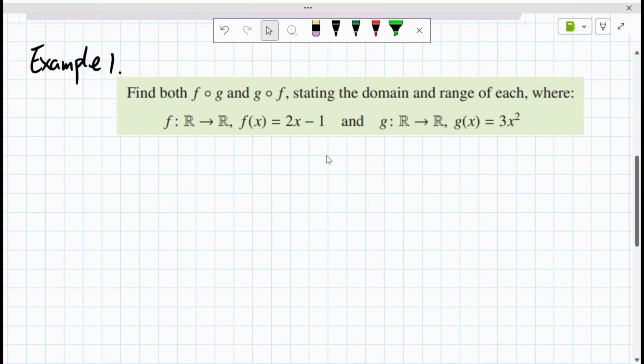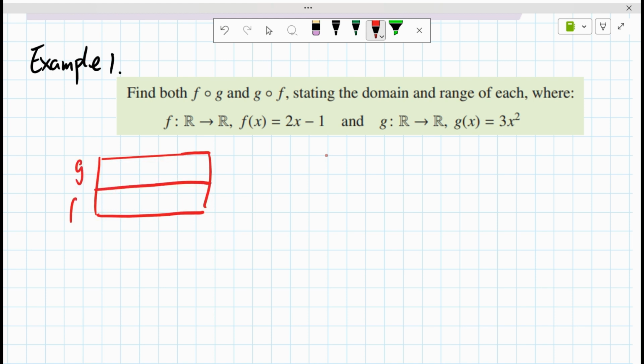Okay, example 1. We know f(x) is 2x minus 1, g(x) equals 3x squared. We're going to start with the domain and range of each, so we recreate the table: function g, function f, domain and range.